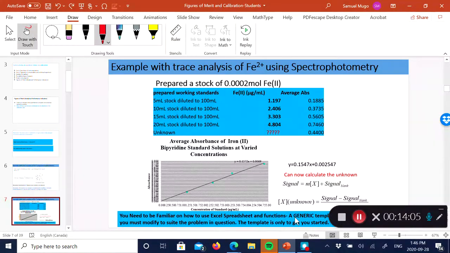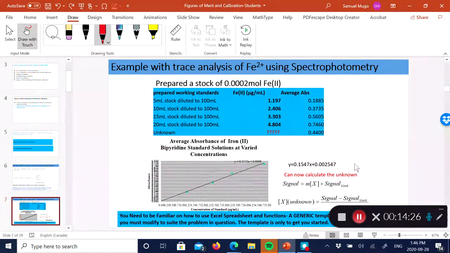And just to mention that I've shared with you a generic template that you can use and modify to suit the problem in question. So remember, the template that I've shared with you is only to help you get started on how to use Excel to do your calibrations.